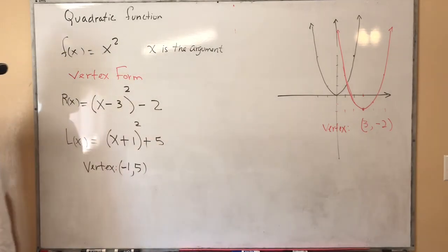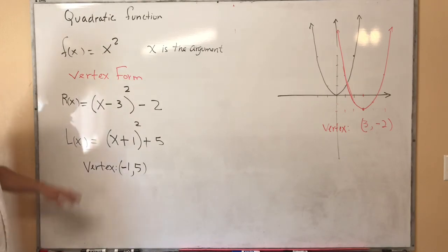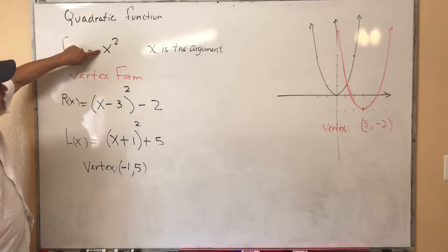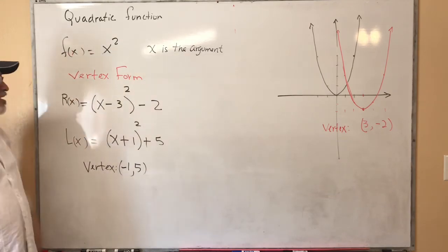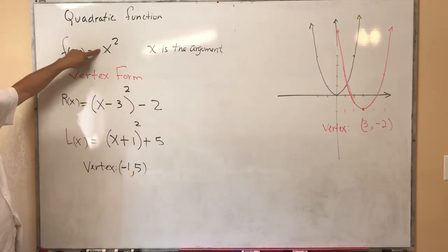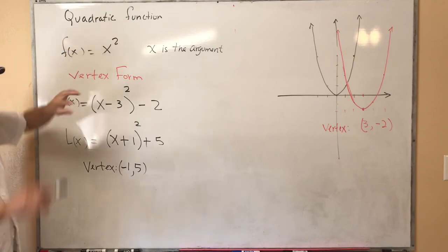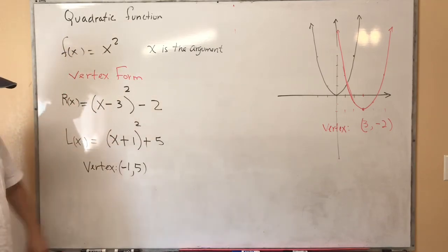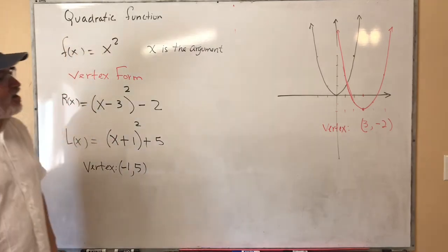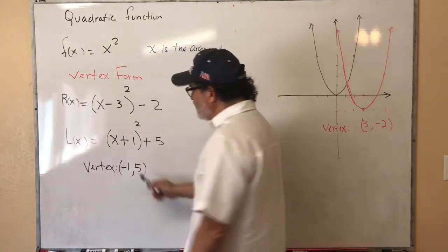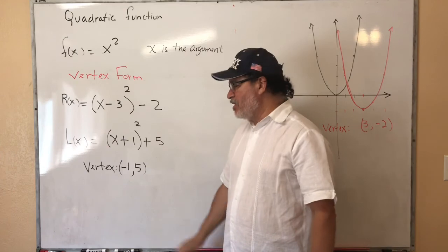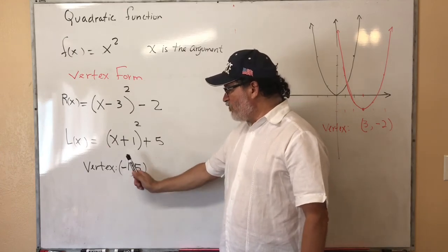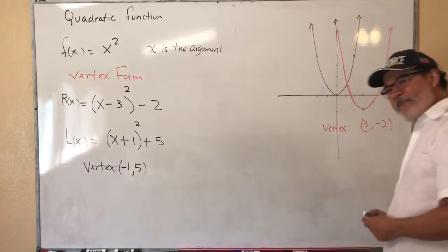Now look. When the leading coefficient is positive, it opens up. If the leading coefficient right here is ever negative, it's going to open down. So this one opens up because this is positive here. It opens up, so the vertex is a minimum.